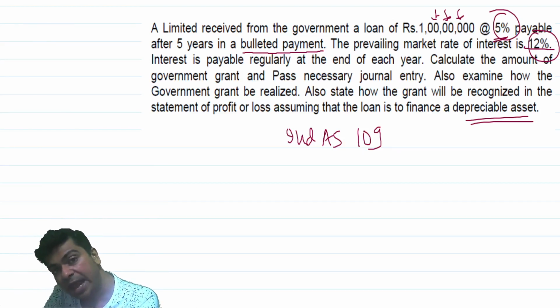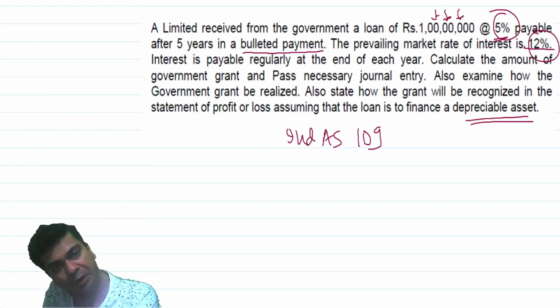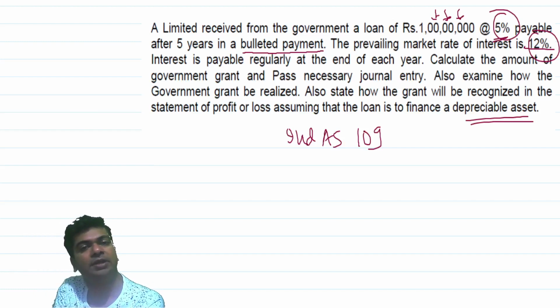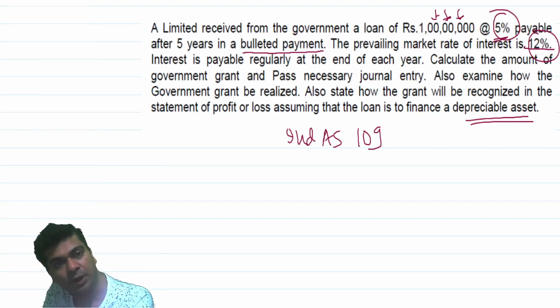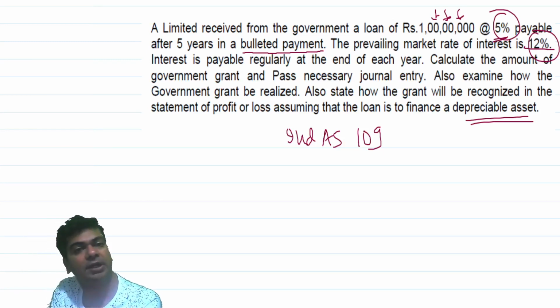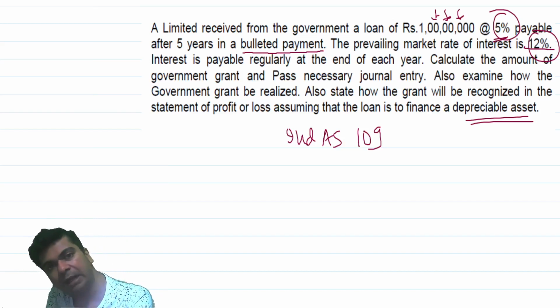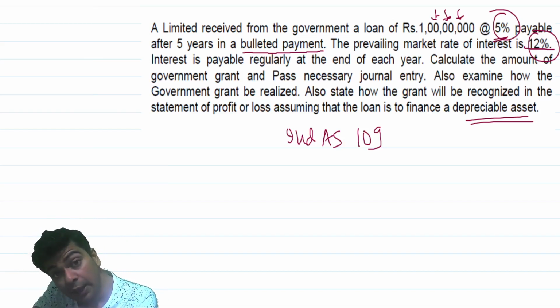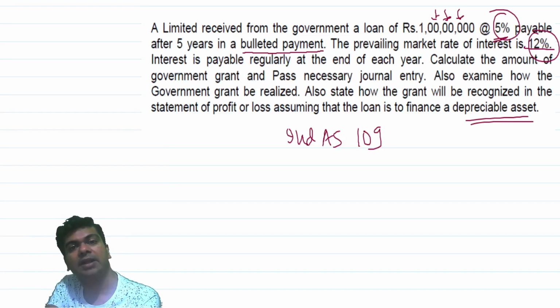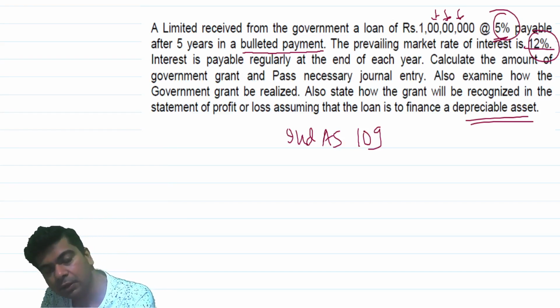This is not at market terms, right? This contract is not at market terms. And hence we will have to calculate the fair value of the financial liability. Tell me, what will be the fair value? Whatever outflows are there, we will discount it at the market rate of interest and find out the present value. That will become the value of the loan. Anything extra that you are getting, that will be government grant.